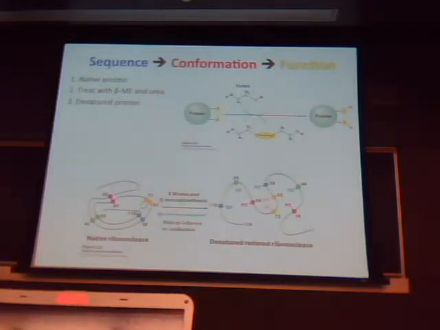But the next set of experiments is the critical one. You can dialyze away these denaturing reagents and then let a little oxygen oxidize these disulfides. And amazingly, in the test tube, without any help of any cellular machinery, the protein can go back to the 3D structure and reassume its enzymatic activity. So this is the experiment that set up the current paradigm, that sequence determines the structure, and therefore its function.